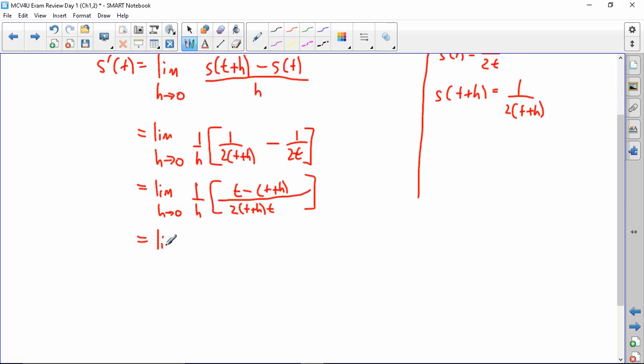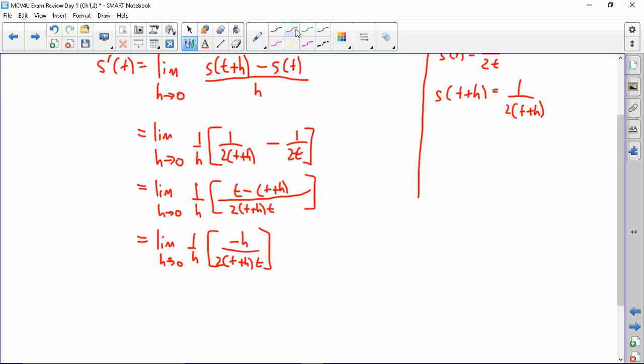Still have a limit. Remember your style here. The equal sign is in front, and this is the limit we're evaluating. And just like we knew, t minus t is going to get rid of the t, and I'm left on the top with minus h over t plus h in brackets and then t.